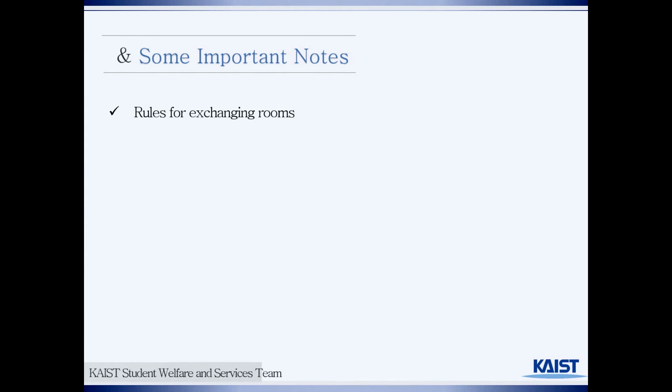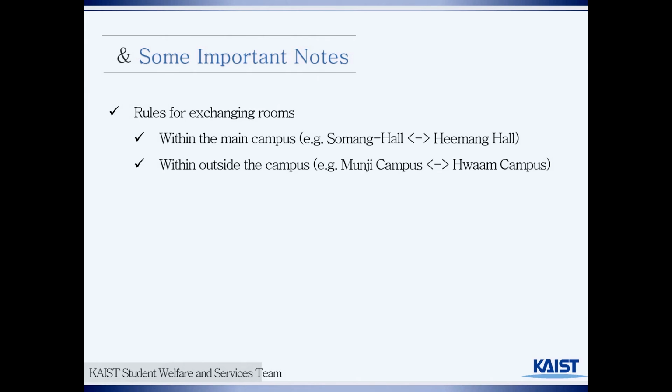More important notes. Rules for exchanging rooms. Within the main campus, exchange is possible. For example, Somang Hall to Himang Hall. And exchanging rooms outside the main campus, for example, Munji campus to Hwam campus is possible.